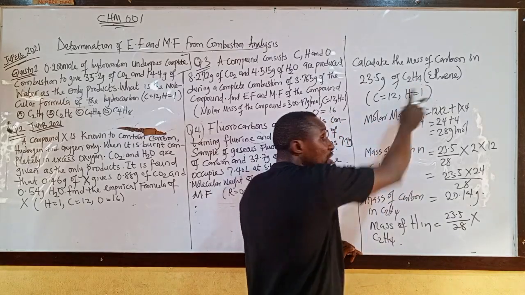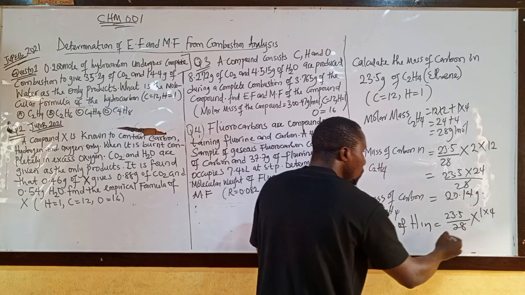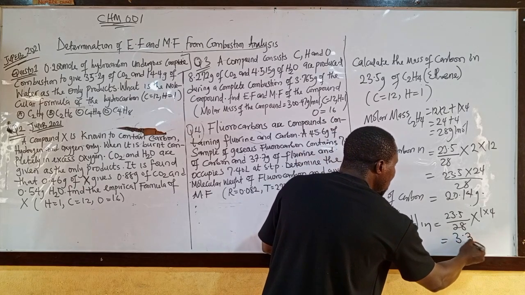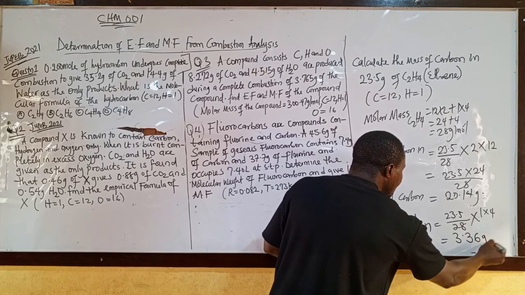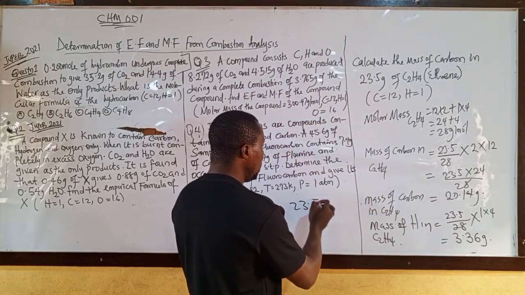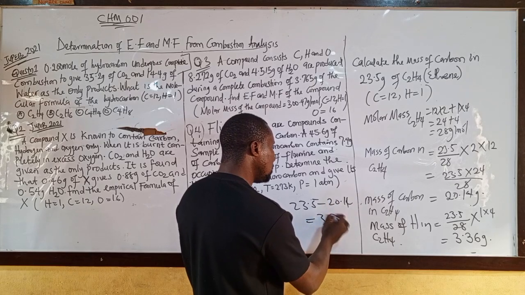The mass number of hydrogen is 1, so that is 1 times 4, which will give you 3.36 grams. If you do 23.5 minus 20.14, we get 3.36 grams.